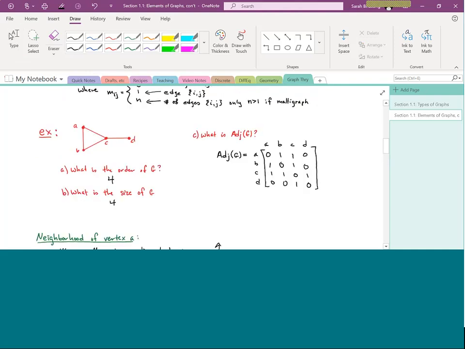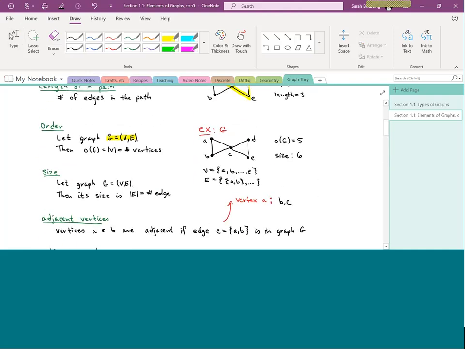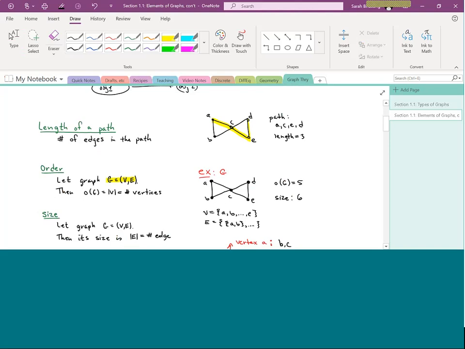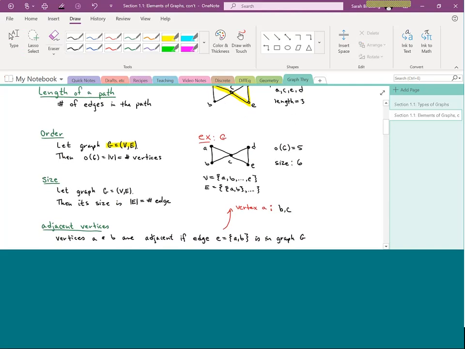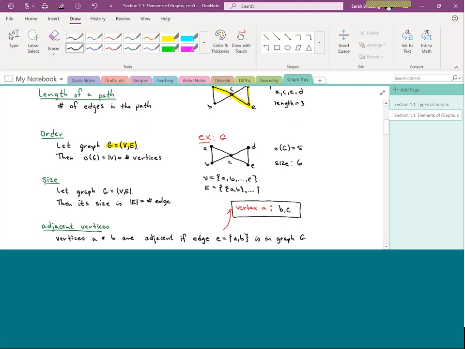In our example up here, the one that looked like a bow tie, this part right here. The neighborhood of A is all of the vertices that are adjacent to vertex A. So this here is exactly the same thing as the neighborhood of A. We actually already computed it.